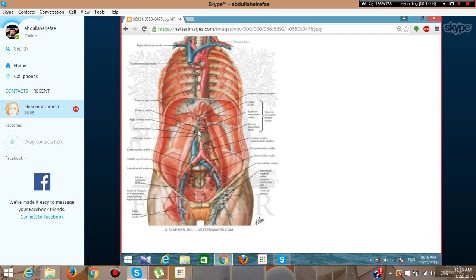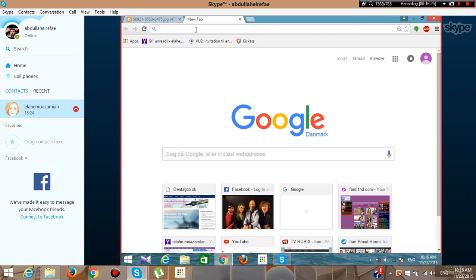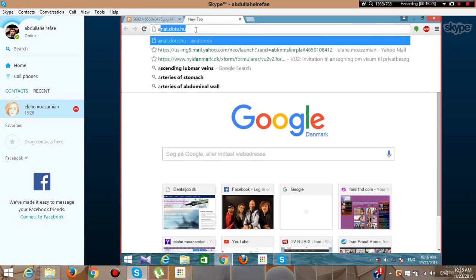Let's talk about innervation then. So let me find a picture again. Okay, 318. It says autonomic nerves and ganglia of abdomen.